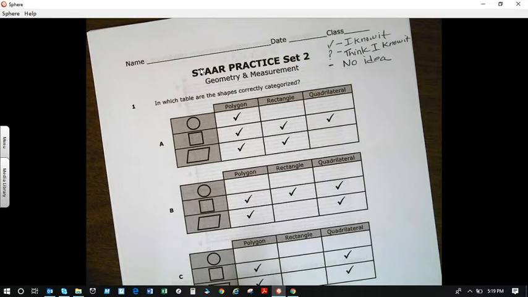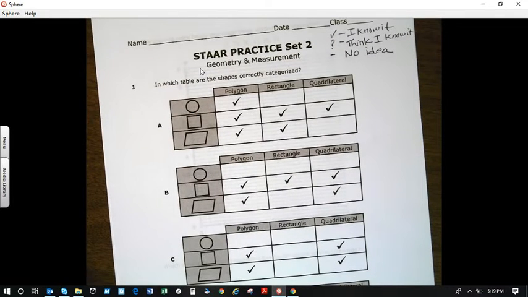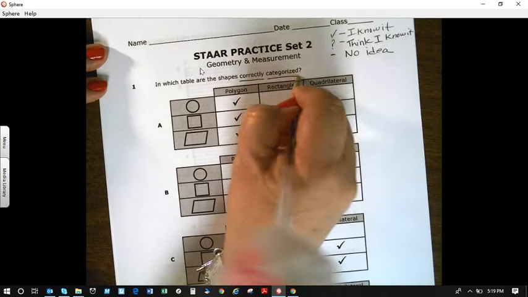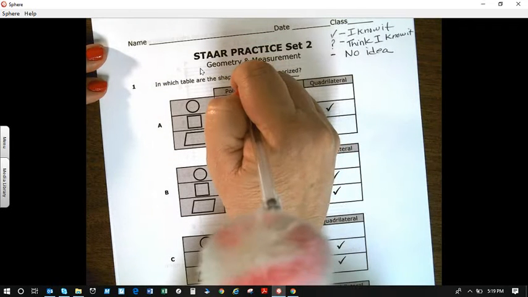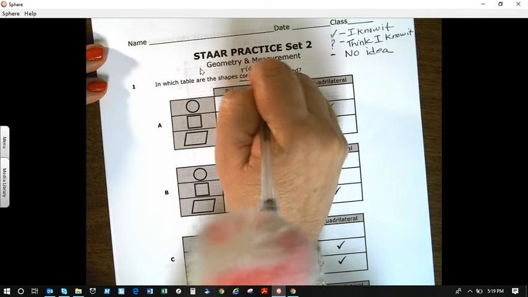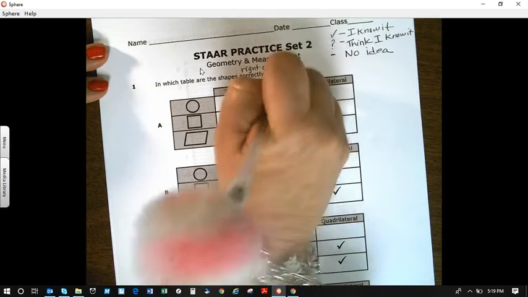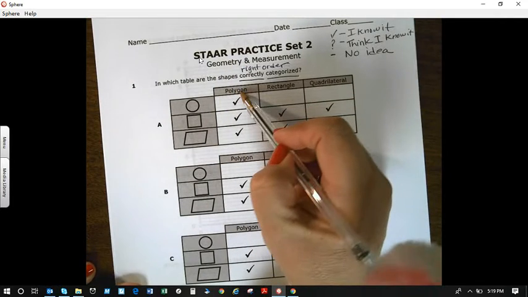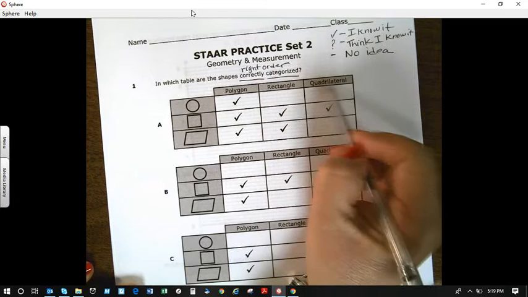All right, so let's take a look at this one here. In which table are the shapes correctly categorized? So I need to know that they are correctly in the right order. Okay? All right, so let's look at this first one. First column is polygon, then rectangle, and quadrilateral.